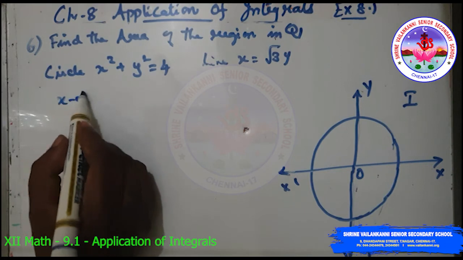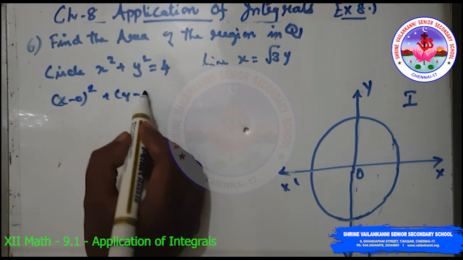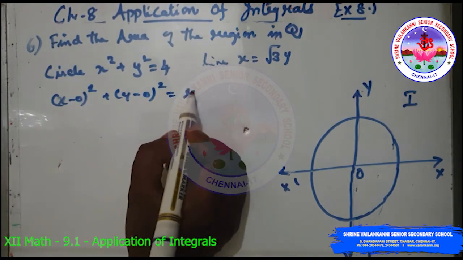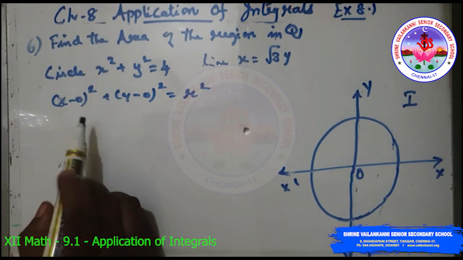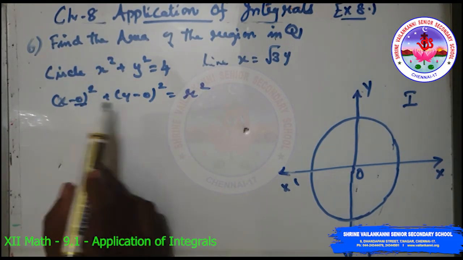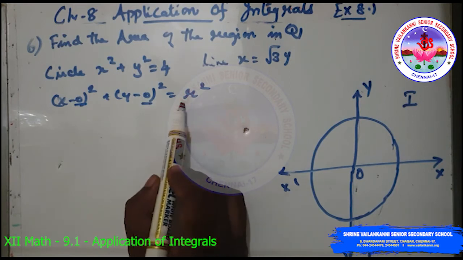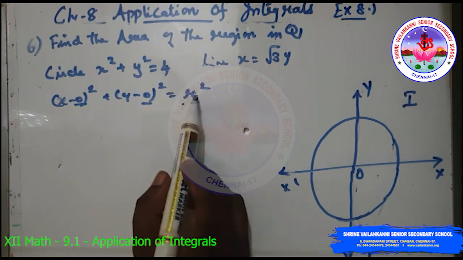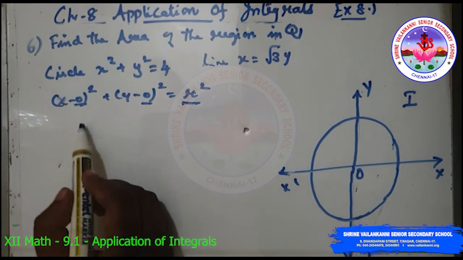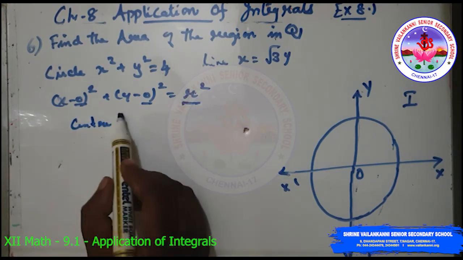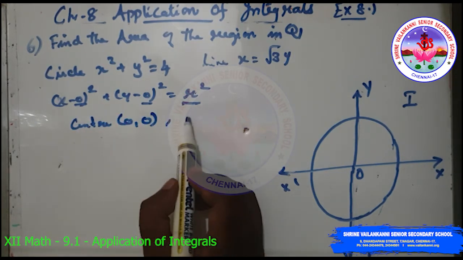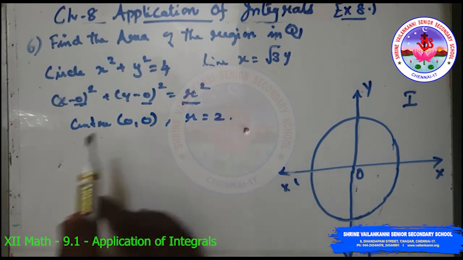So x minus 0 whole square plus y minus 0 whole square is equal to r square. Here center is 0, 0 and r square is 4, so r is 2. So center is 0, 0 and radius is 2.